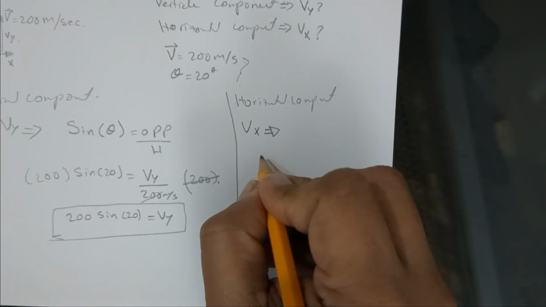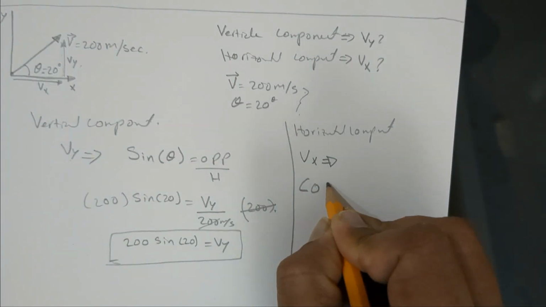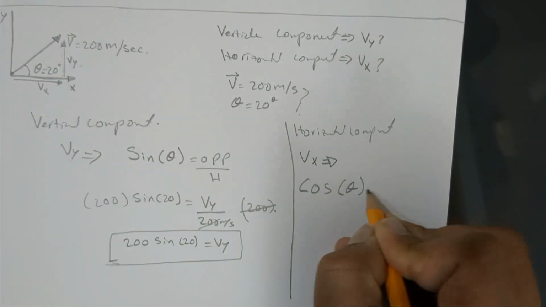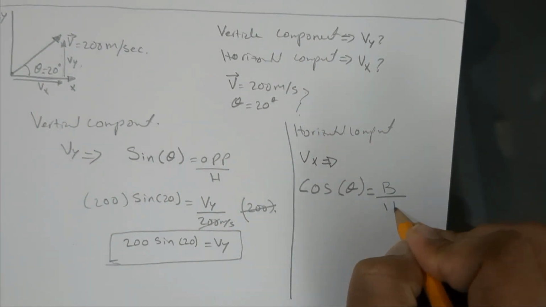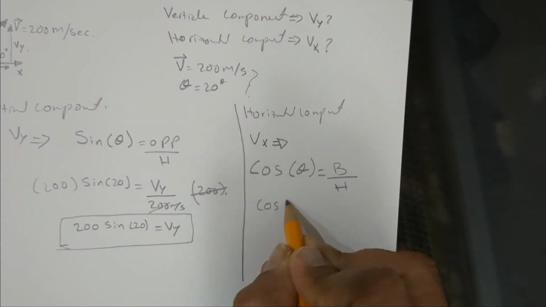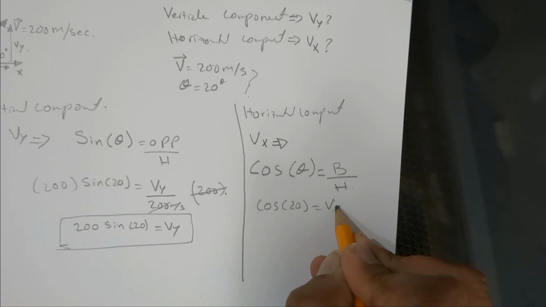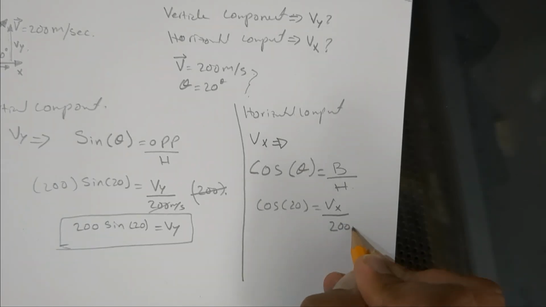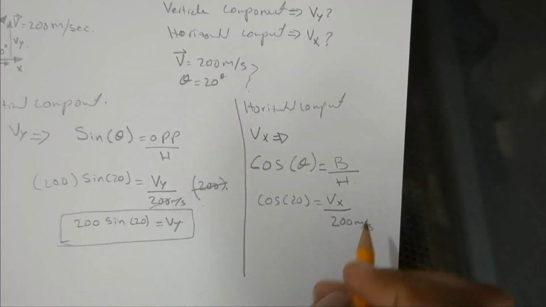So let's see if we can capture this. So cos of theta is equal to base over hypotenuse, right? So in this case, we know theta is 20, the base is actually Vx that we're trying to determine, and the hypotenuse is V, which is 200 meters per second. So like what we did here, it's the same thing we're going to do here.